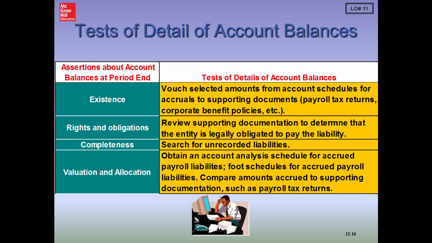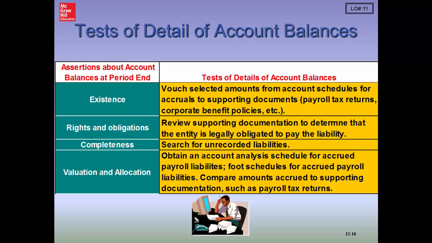Account balances. When we think about account balances, we're talking about things like our payables. Any account balance that we're going to see on the balance sheet is something we're interested in from the detail of account balances. We're looking for existence. We're vouching selected amounts from the accounting schedule for accruals to support documentation.